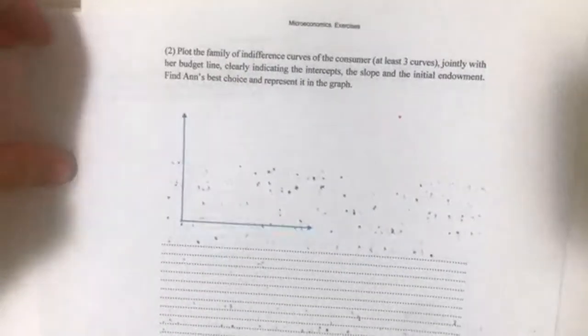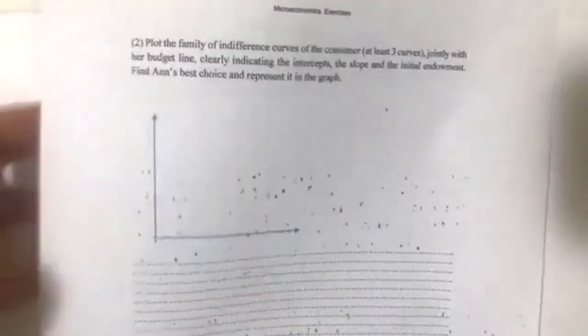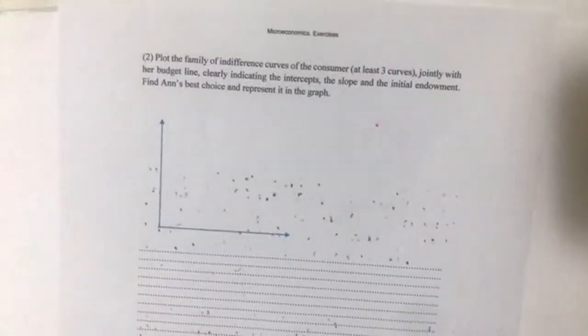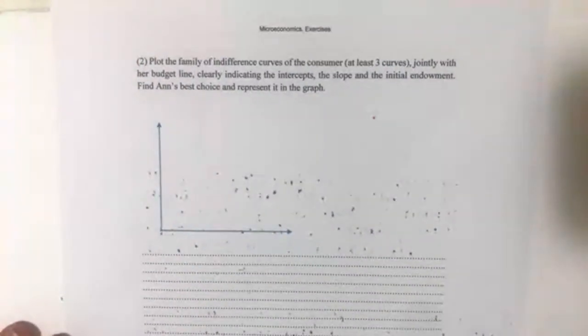Plot the family of indifference curves of the consumer, at least 3 curves, jointly with their budget line, clearly indicating the intercept, the slope, and the initial endowment. Find N's best choice and represent it in the graph. Okay, so let's do all these things.